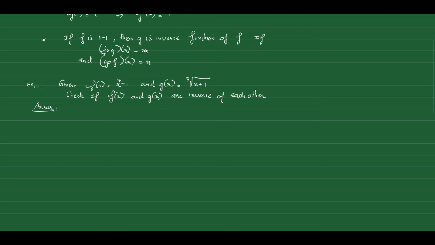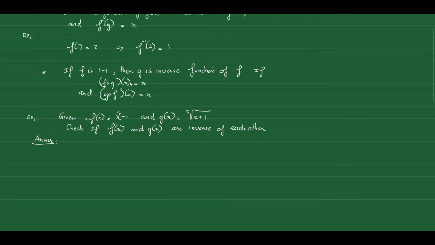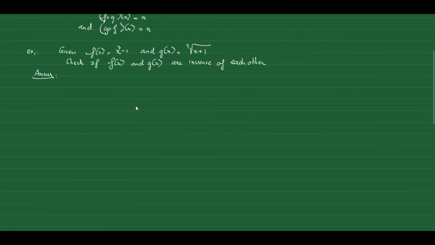So we're going to compose f with g and g with f. If it turns out to be x, then they're inverses.